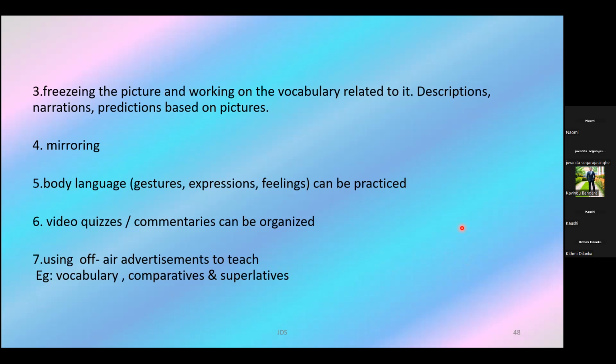Descriptions, commentaries, right? Commentaries are an example of mirroring. They don't tell what is not happening at that moment. Whatever is happening over there is given as the commentary. So it's a kind of mirroring activity, giving commentaries.